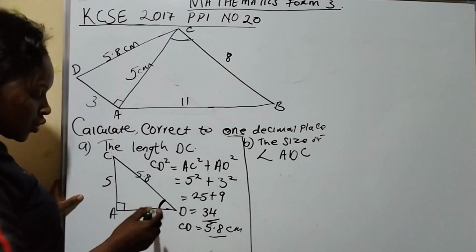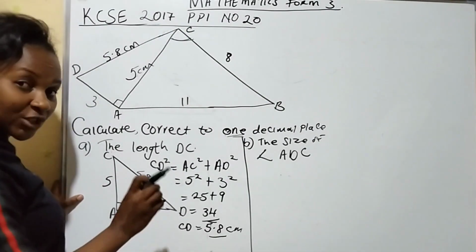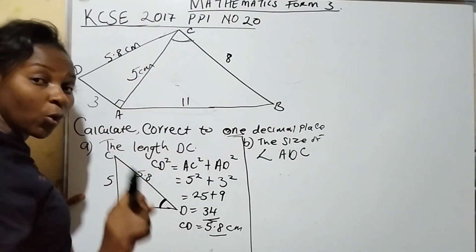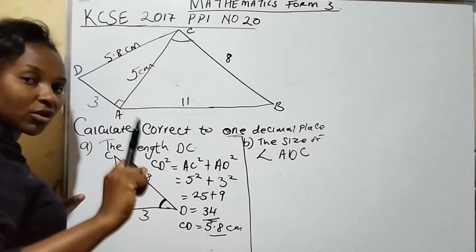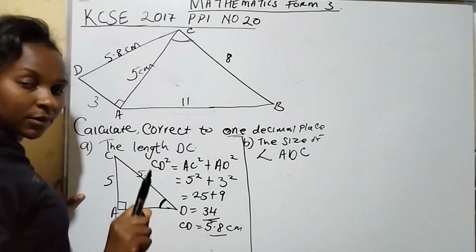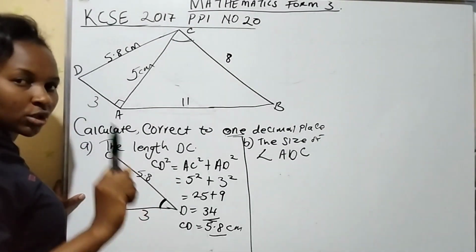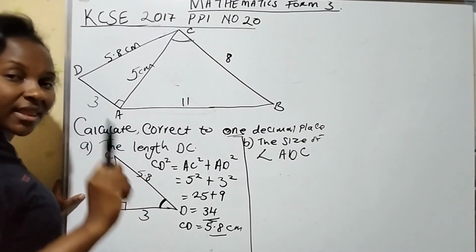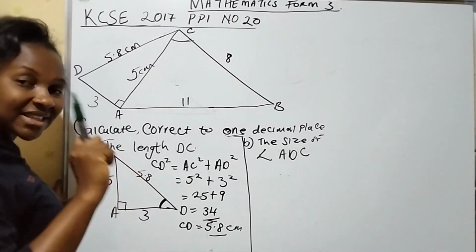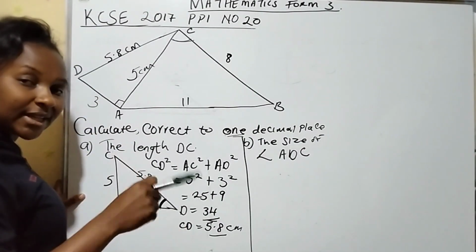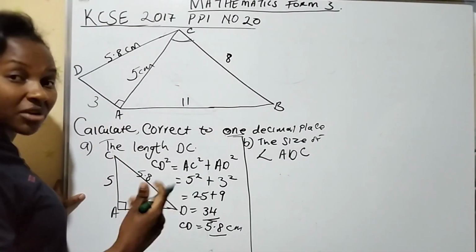Now, there's a secret that you need to know. Whenever you are given a question and the examiner has given you some of the dimensions of that particular question, please use the measurements that the examiner has given you to avoid any kind of errors, or transfer of errors.